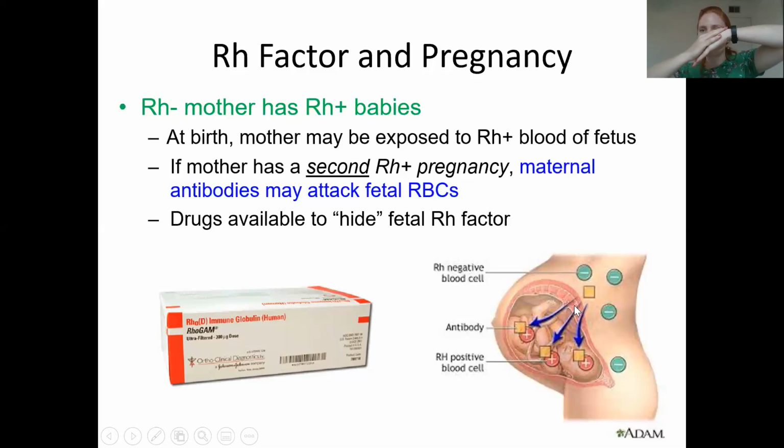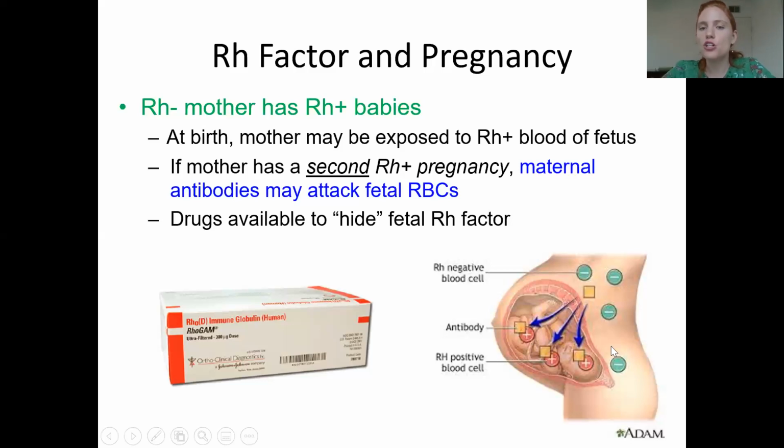So it's going to be ripped off, and as it's ripped off, the maternal blood and the fetal blood get kind of mixed together. Like I said, it's a little bit traumatic, and that makes it so that the Rh negative mother is going to be exposed to this Rh positive blood. And at that point, the mother is going to start creating antibodies against Rh antigens.